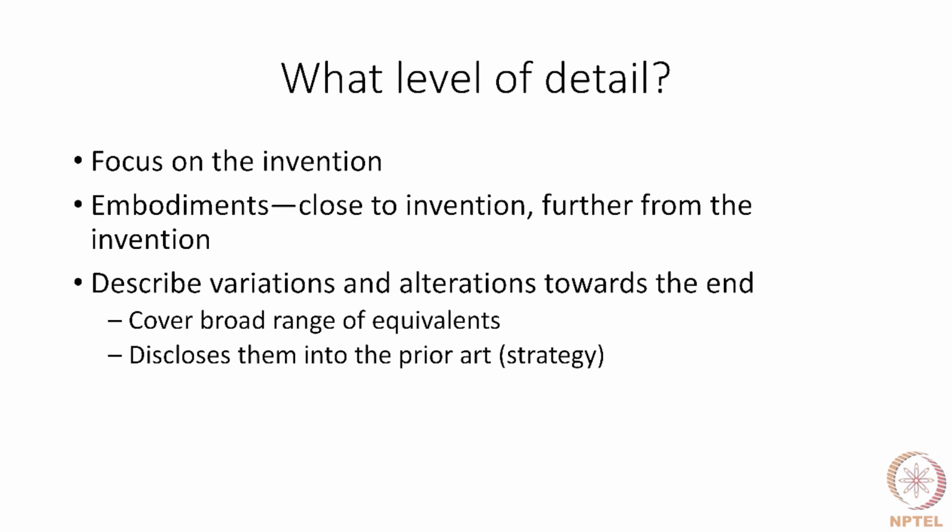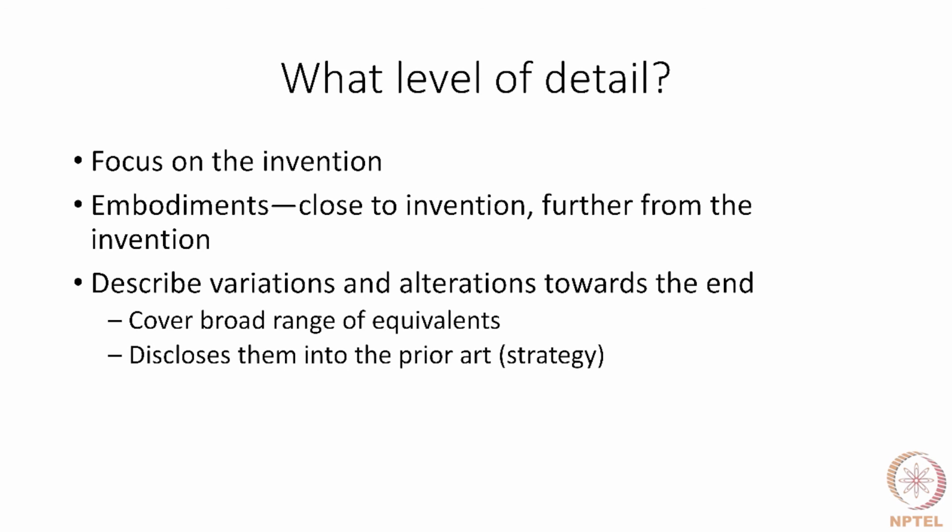The minimum is you are trying to achieve the requirements of enablement, the requirements of best method, and the requirements of utility. That's a minimum. Over and above, what you need to do is, if there is some strategy involved, you are patenting in a field which is highly competitive, or you are filing a patent where there is a fear that others could tomorrow come and stop you based on a patent which they have filed.